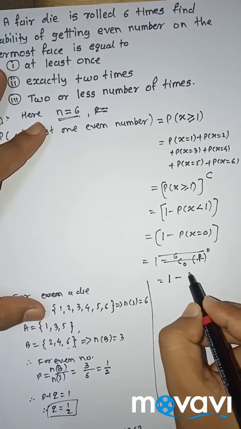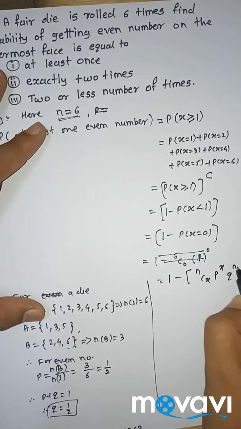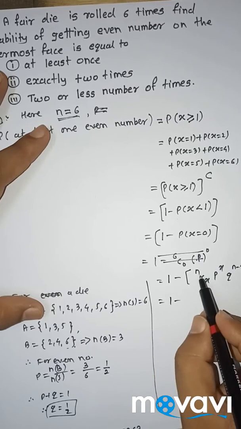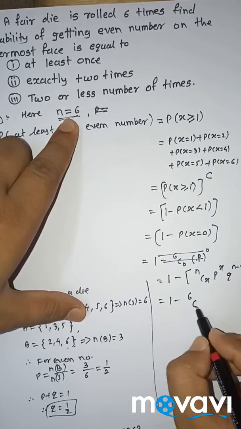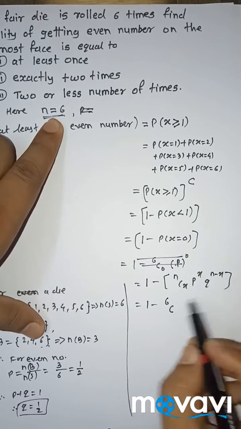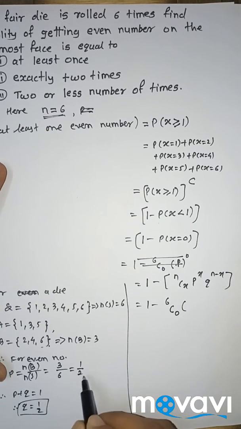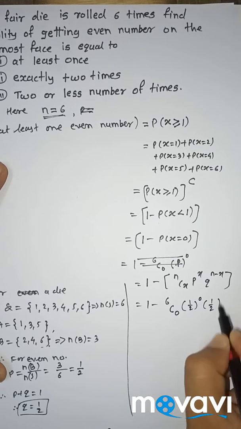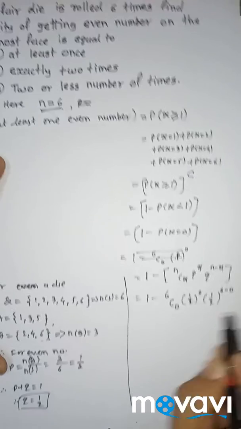1 minus nCx p raised to x q raised to n minus x. This is our formula. This is equal to 1 minus, here the value of n is 6, C x. For this problem our value of x is 0. p, as we have calculated, is half raised to 0, q is again half raised to n minus x, n is 6 minus 0.